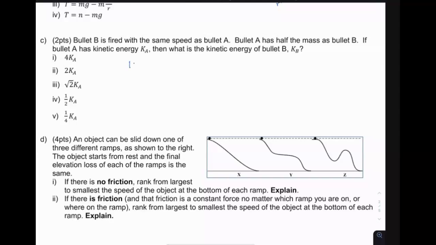Well, if we take the ratio of K sub B to K sub A, excuse me here, I'm making a mistake. We have 1/2 m sub B v squared over 1/2 m sub A v squared.